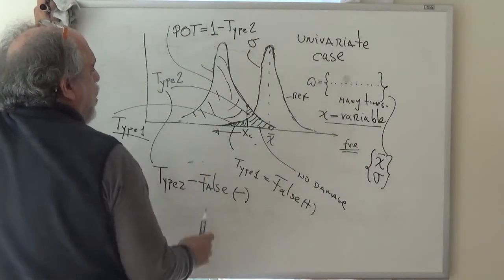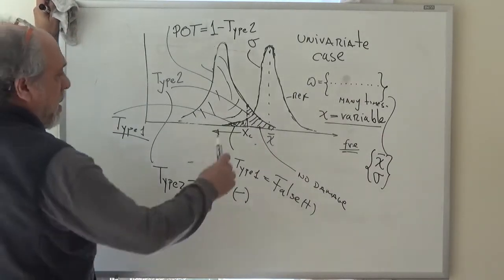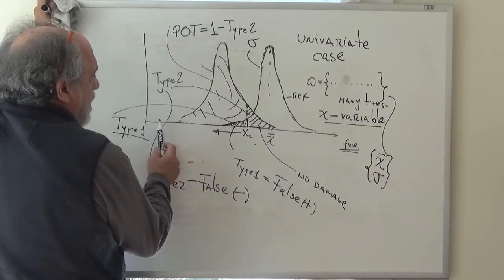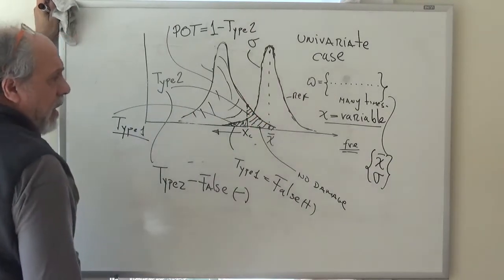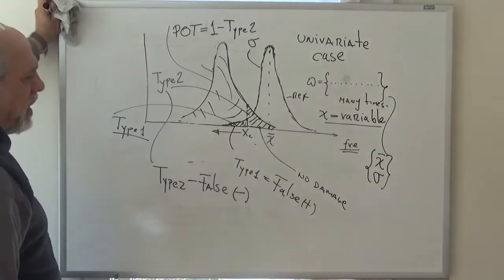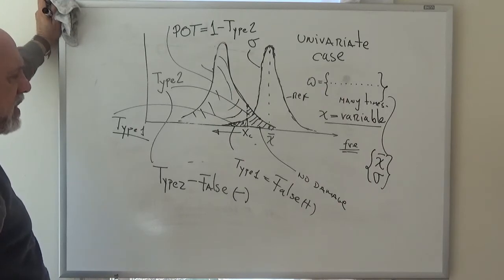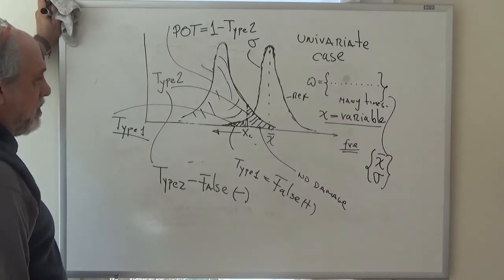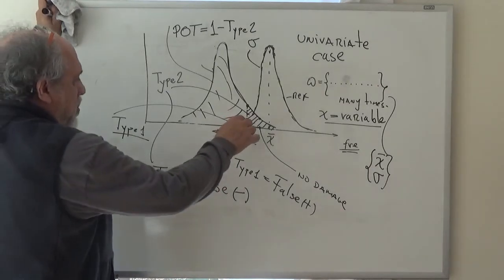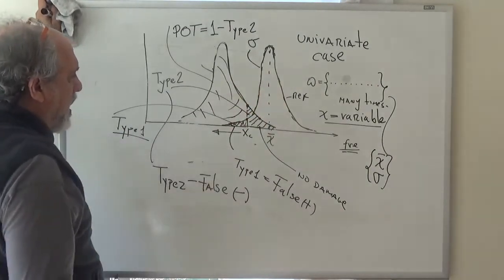If you said it was 0.000001%, then xc would be here, right? And so that means that almost anything is okay, right? So you take an xc and you say, okay, I'm going to let myself 5% probability of making a false positive. Right? Because the point was here, the system was undamaged, but I called it damage.